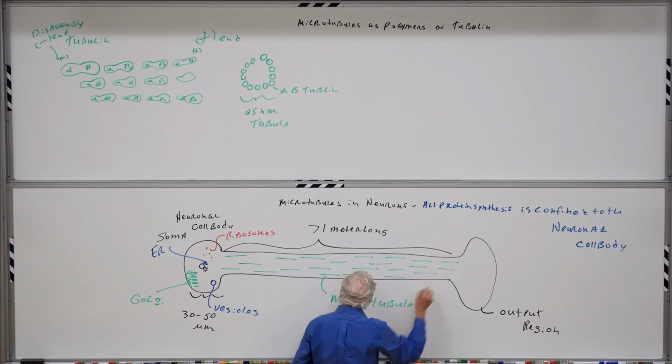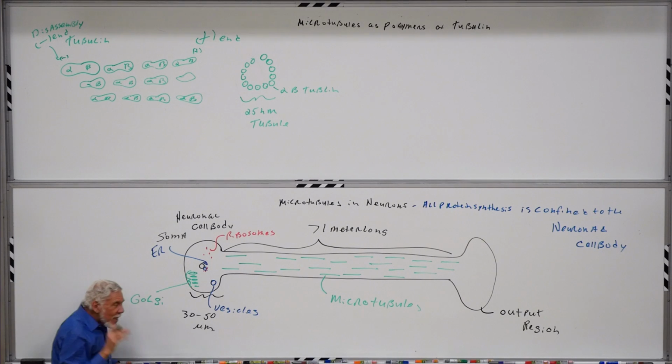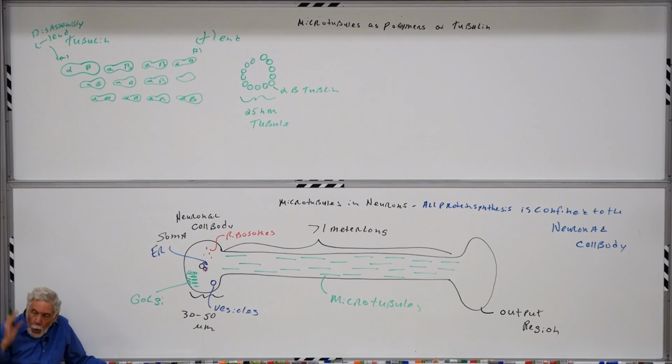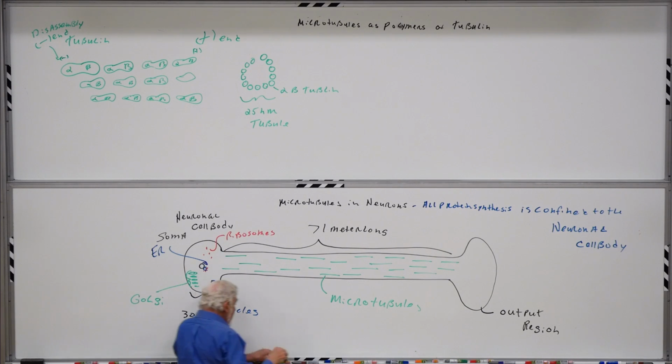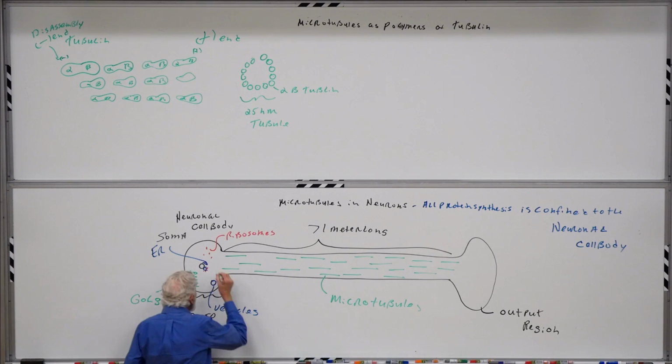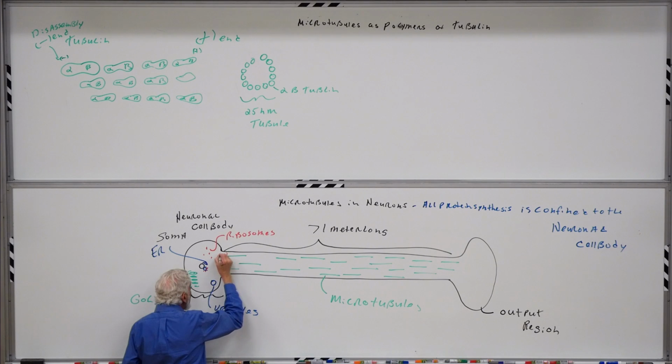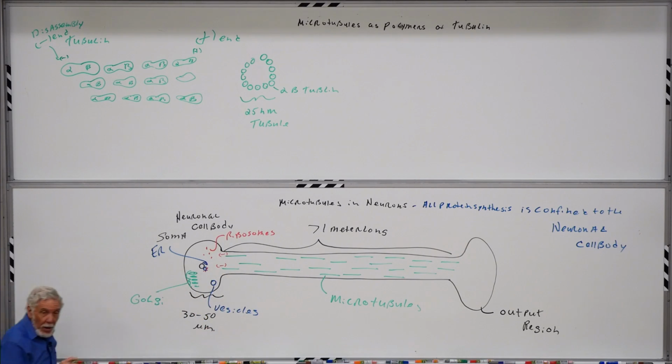What's more is those microtubules in the axon always are oriented in one direction. They're oriented in such a way that the negative end is closer to the cell body.